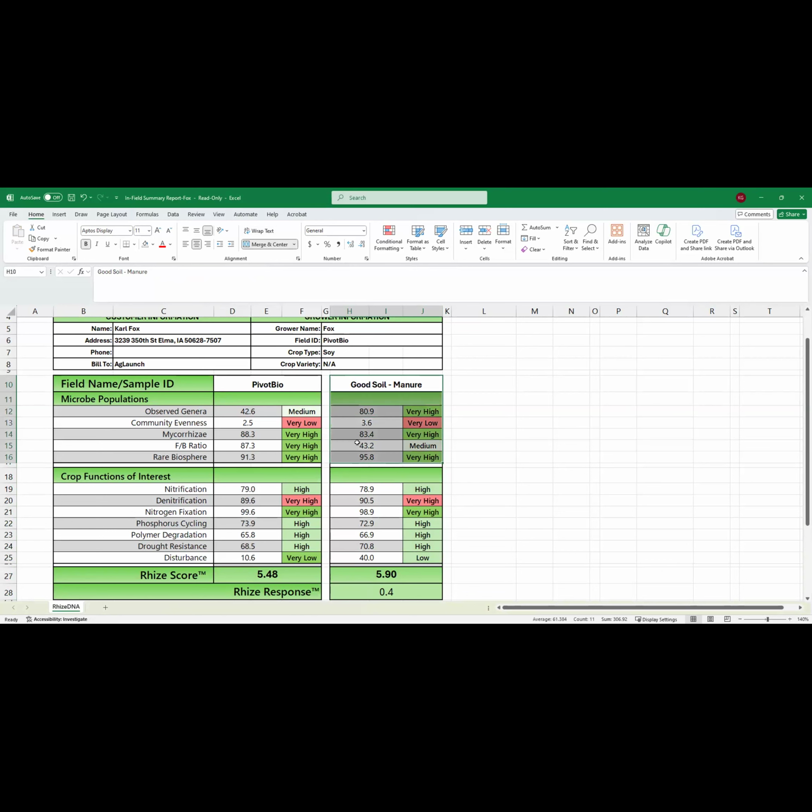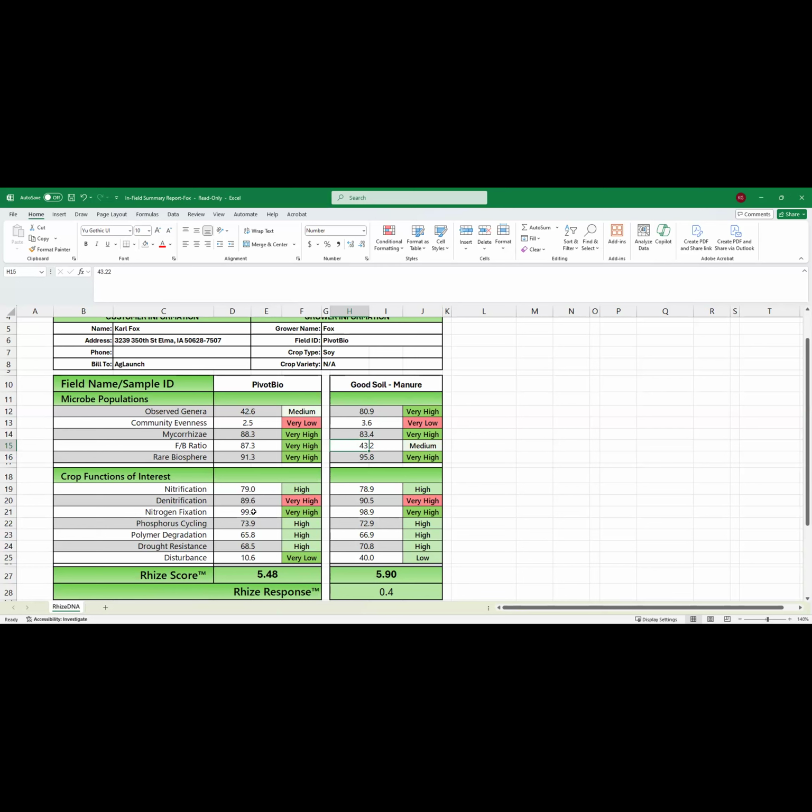This good soil that he's putting his manure down on consistently had really high observed genera, really high mycorrhizae, and a good rare biosphere. Actually, the fungal bacterial ratio was a little lower. Maybe that makes sense, since some of those saltier, hotter nutrients in the manure are never perfectly digested, which promotes bacterial activity.